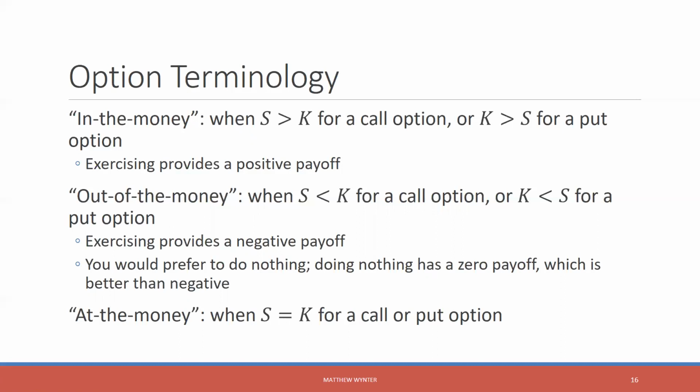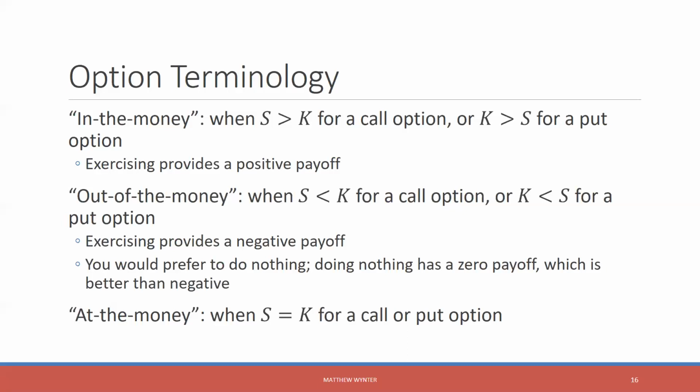So for the call option, suppose that the strike for the call option is 55, but the stock itself is trading for 50. Well, that's out of the money. Why? I wouldn't buy it from you for 55 when I can go buy it in the market for 50. And for the put option, it's the exact opposite.